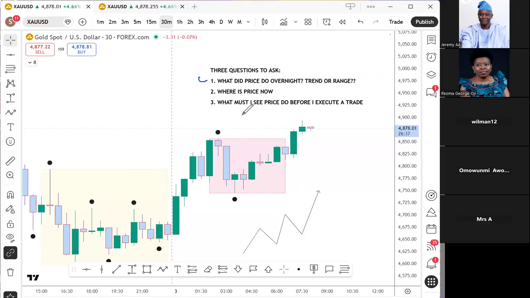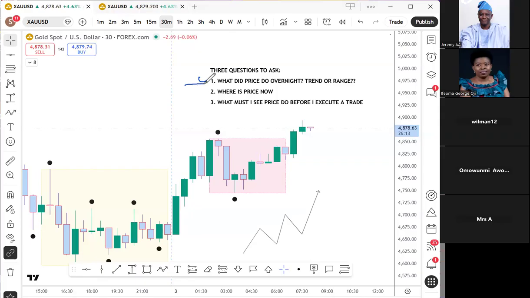But if you ask yourself this question, it puts you in the right frame of mind, and you can see yourself doing the same thing over and over again. As long as it comes to trading, we want you to repeat a process over and over again. That is when you get the wins that you're looking for.